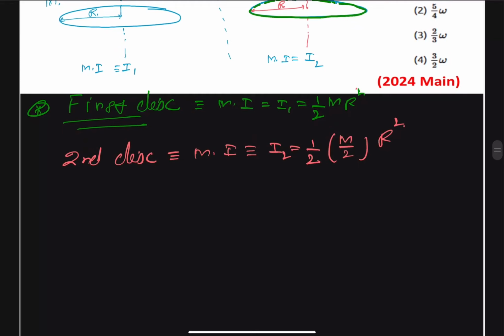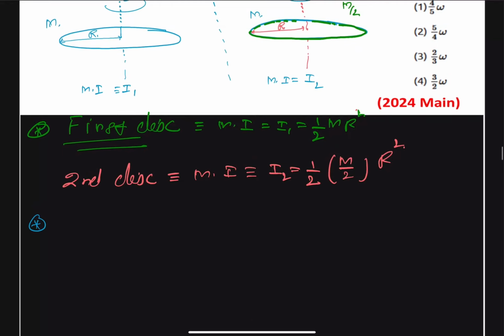So let us find out the initial angular momentum. Initial means only having one disk, and final is having two disks.